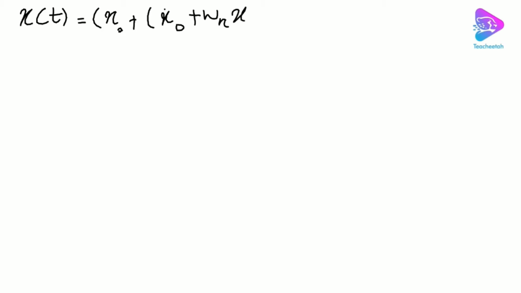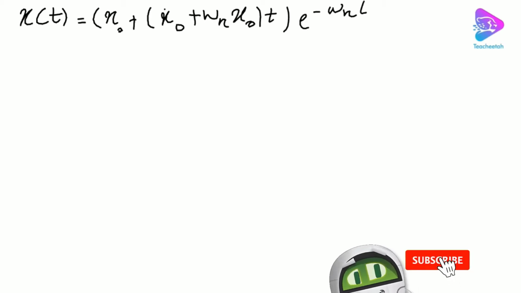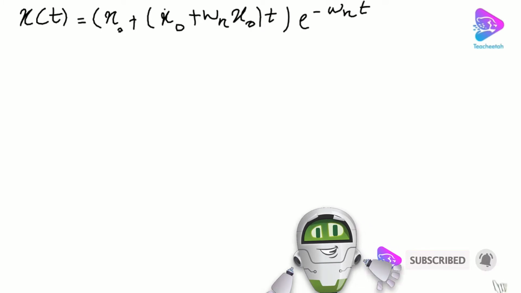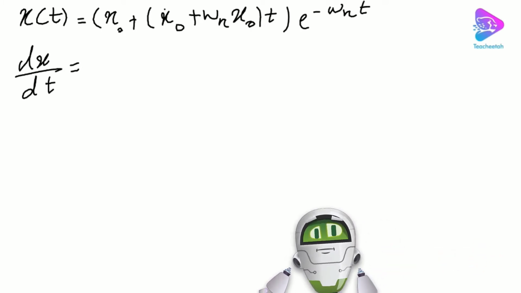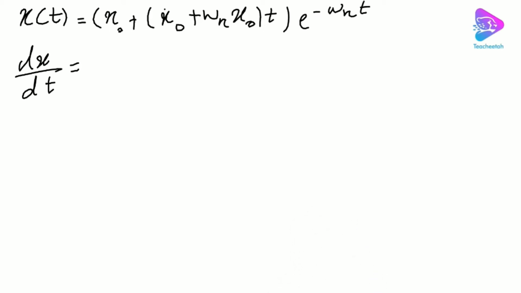For this case, we already know the expression for x(t), as I showed in my previous slide: (x naught plus (x dot naught plus omega n x naught) t) e to the minus omega n t, right? So we just need to find dx versus dt to find the extremum, either maximum or minimum.